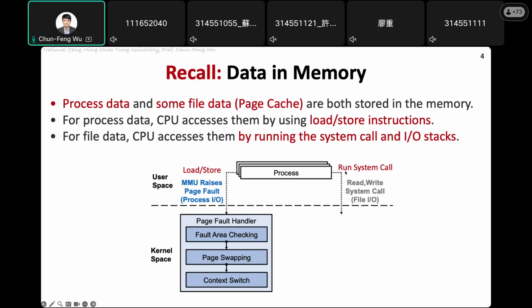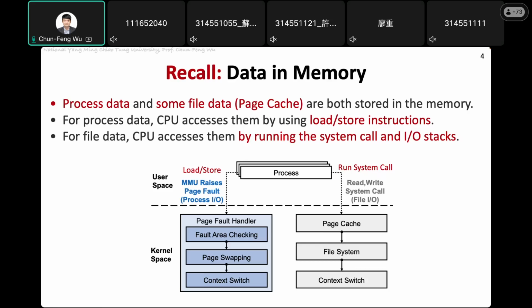Okay, so when the CPU decodes the instruction and finds that this is a system call, the CPU will directly jump into the operating system and run several things, for example the page cache, the file system, and the context switch. If you're asking about the key difference between these two paths: for the left-hand side, purely memory access, including accessing the heap and the stack in the virtual memory space, the CPU will use the load instructions.